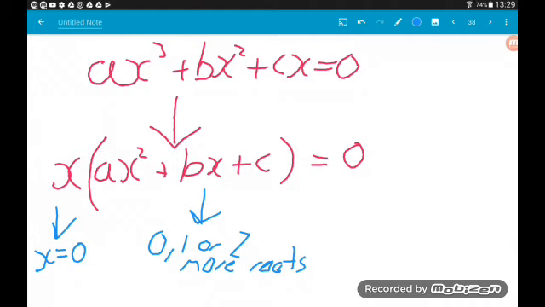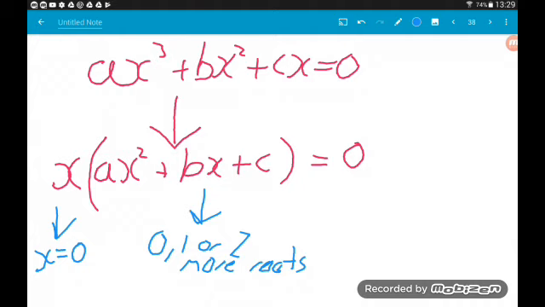So, when we are factorising and solving cubics in the form ax cubed plus bx squared plus cx, then x is always a factor of these. So we can always factor out an x. So if we do that, ax cubed plus bx squared plus cx can become x lots of ax squared plus bx plus c.